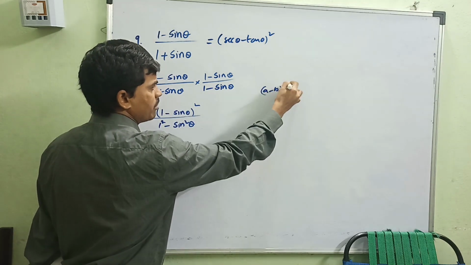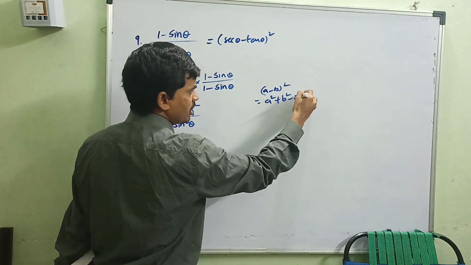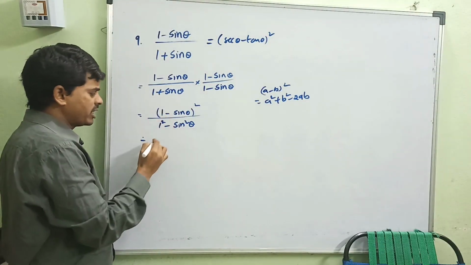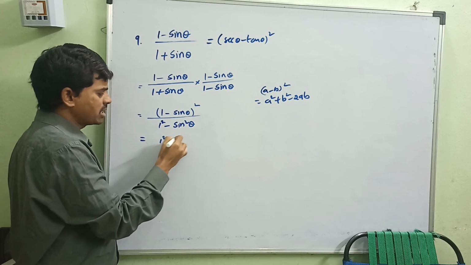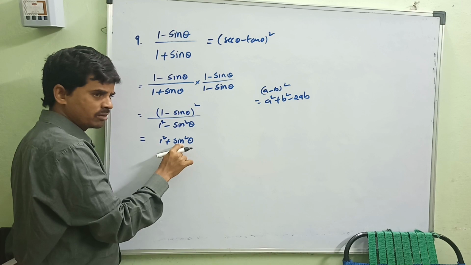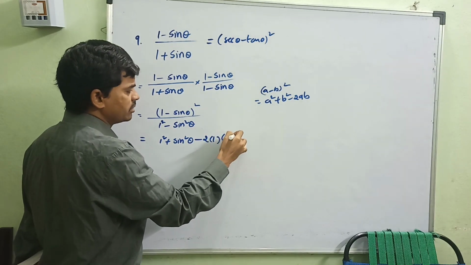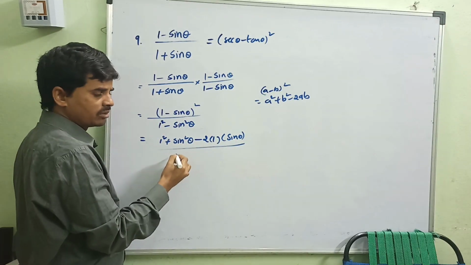What is the formula for (a minus b) whole square? a square plus b square minus 2ab. Expand this using the formula: 1 square plus sin square theta minus 2 sin theta, by 1 minus sin square theta.